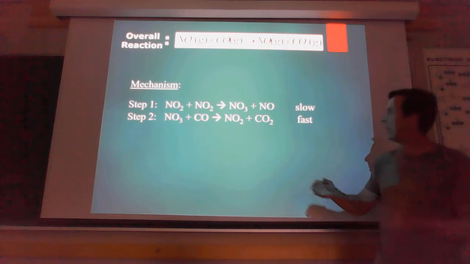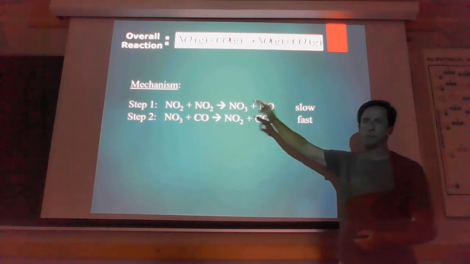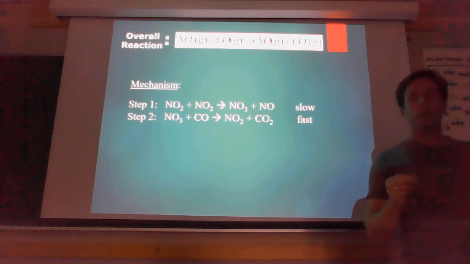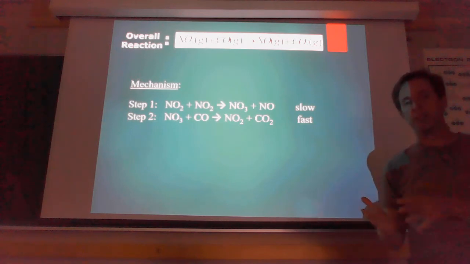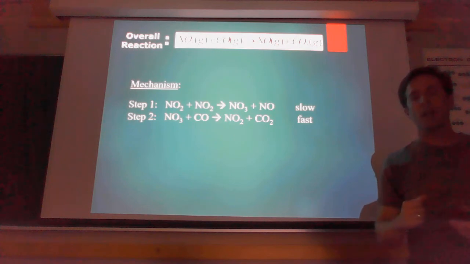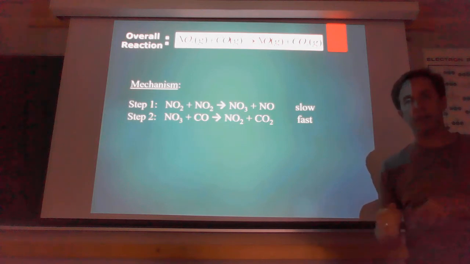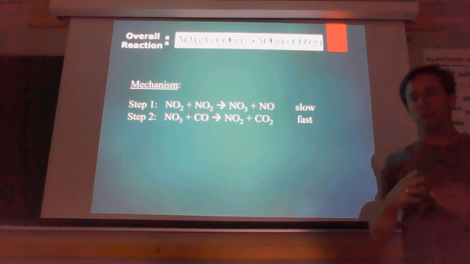Okay? Now, once we form an intermediate, while I won't say it's completely unstable, it's usually less stable than the reactants. And once I form an intermediate that's not very stable, unstable compounds tend to react quickly. As soon as they bump into something else, they want to react to regain the stability that they don't have anymore. Okay?